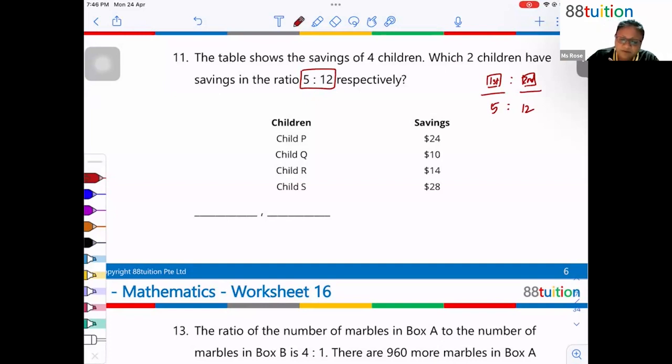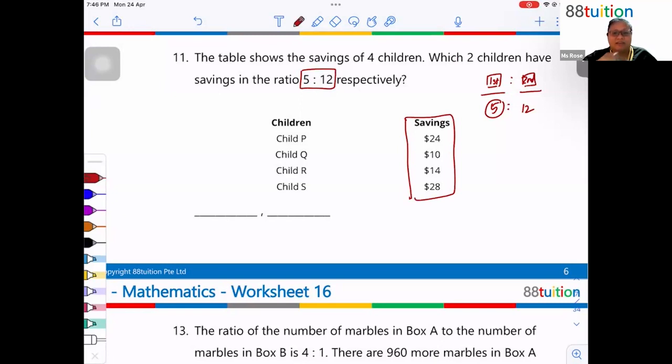Now, for the 5, you must make sure that the number is a multiple of 5. So in this case, if you look at your list, which one will give you a multiple of 5? Anyone? Which one will give you a multiple of 5?